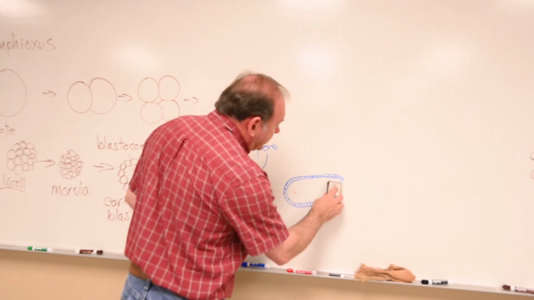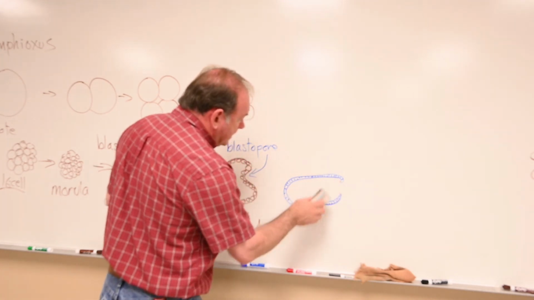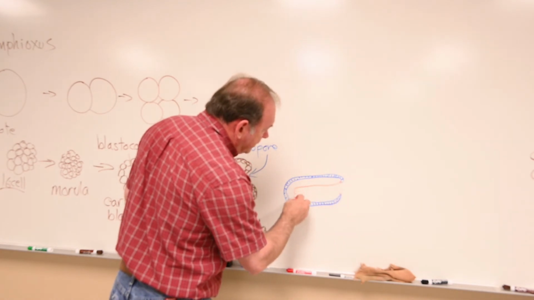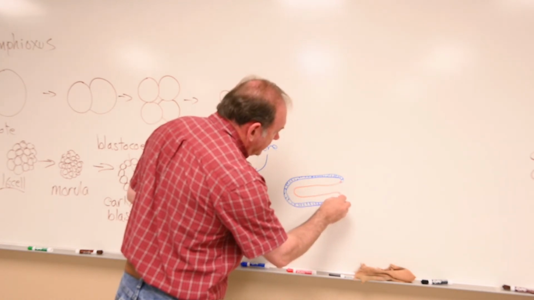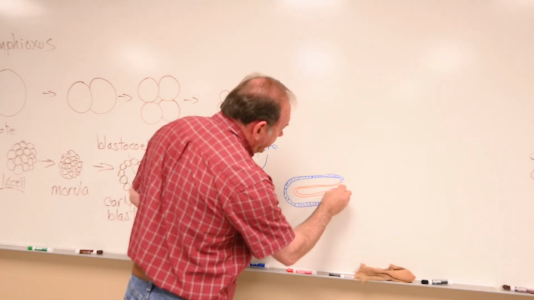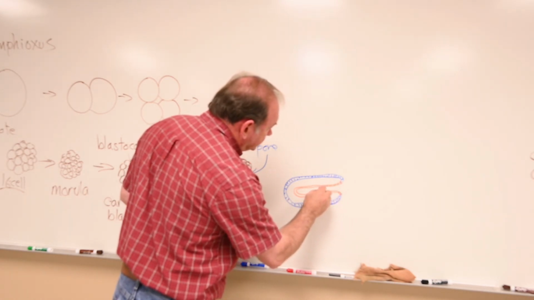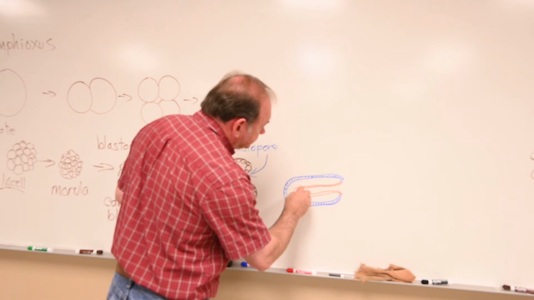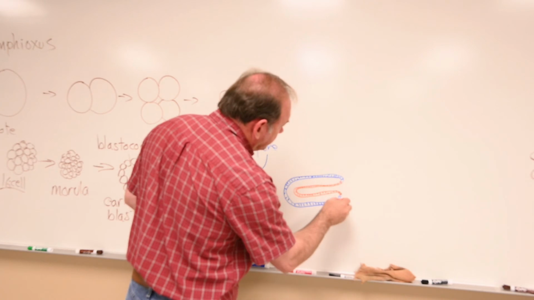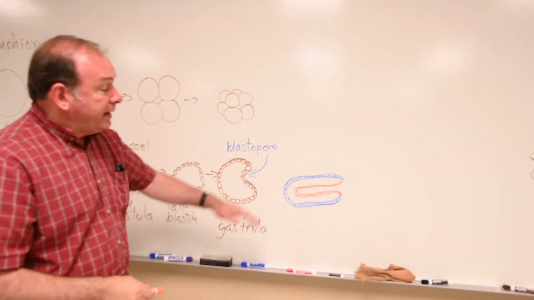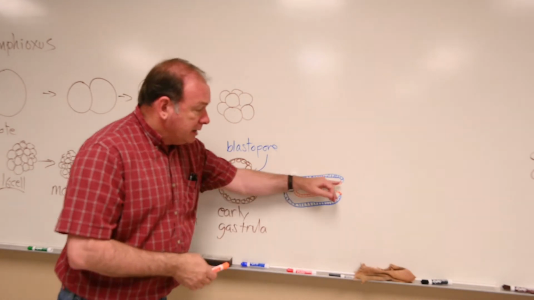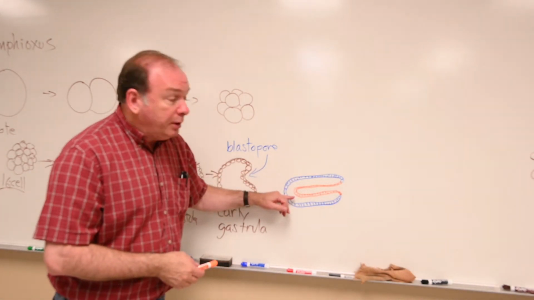Try to draw that again. There's the beginning of ectoderm and endoderm, the blue being ectoderm on the outside of the body and forming the gut tube in here.